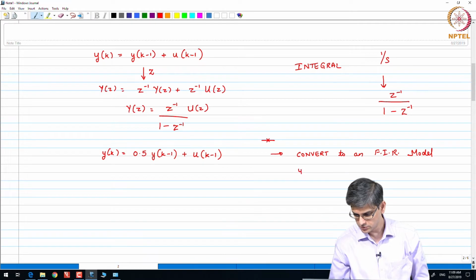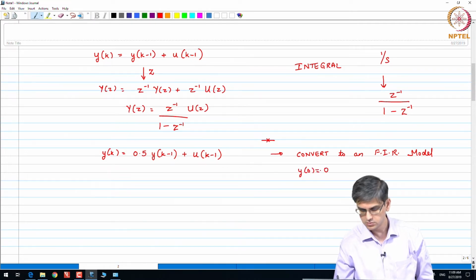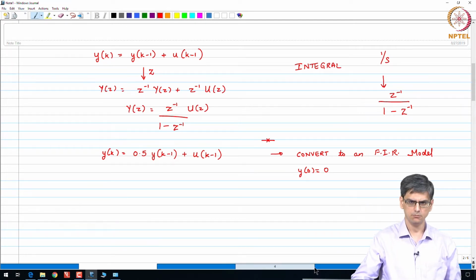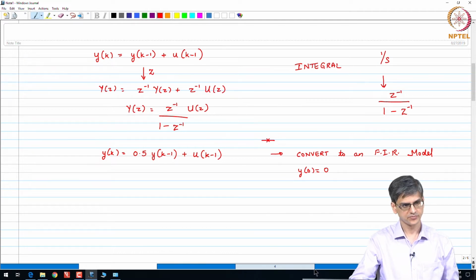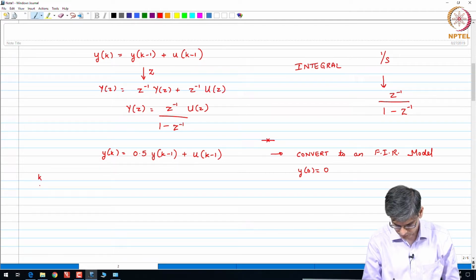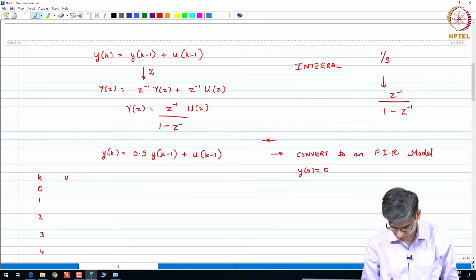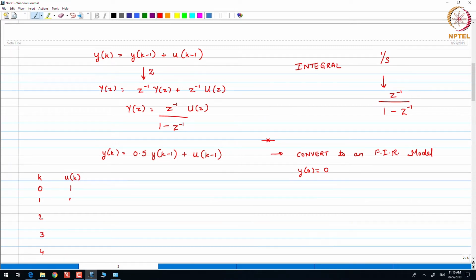You start with y0 equal to 0, and you can either give a step response or you can give a unit impulse response. This is what we have.